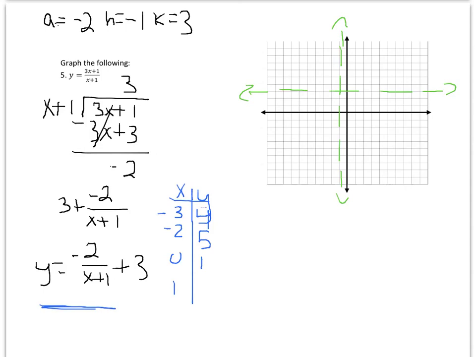If I plug 1 in, I get 2. So negative 3, 4, negative 2, 5, zero, 1, 1, 2.